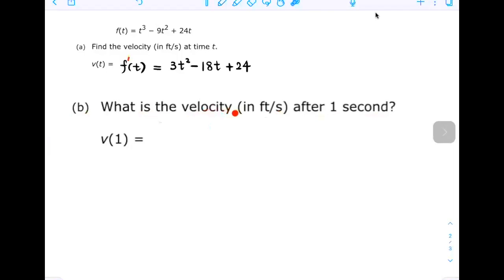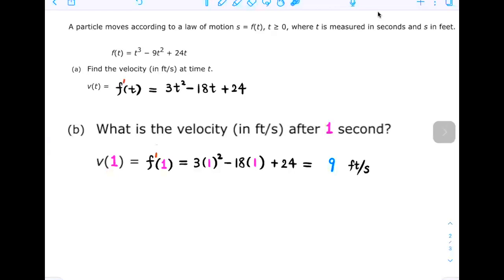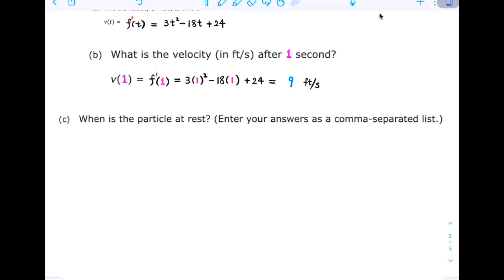The velocity after 1 second means the instantaneous velocity when t equals 1. That is v of 1. So we substitute t equals 1 into the derivative of the position function. So we get f prime of 1 is equal to 9 feet per second.